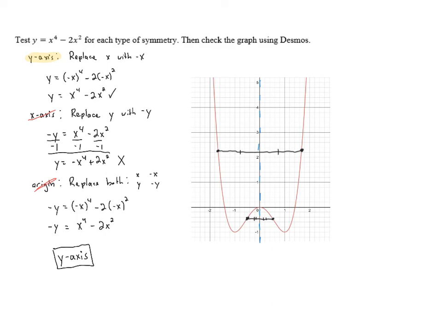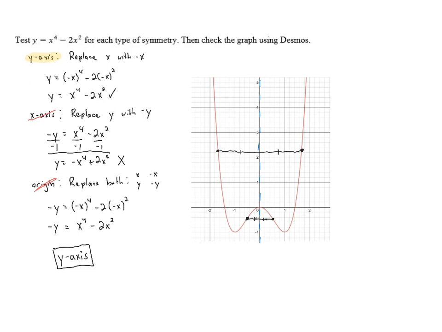Just a quick note, another use of having these types of symmetry is that if we didn't have a graphing calculator and we wanted to graph this by hand, instead of making a table of values that had positive values and negative values, we could just use positive values and get several points, and we could use the fact that we know it's symmetric about the y-axis to then plot the corresponding points on the left-hand side.